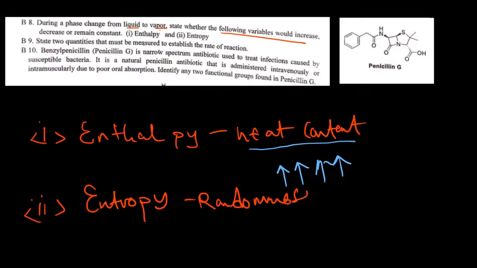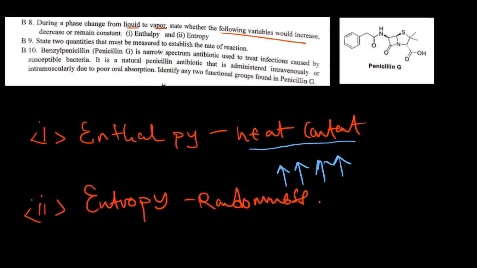So what happens when you are changing state, or changing the phase? The transition from liquid to vapor results in molecules moving more freely and randomly in the gaseous state, which leads to an increase in disorder.